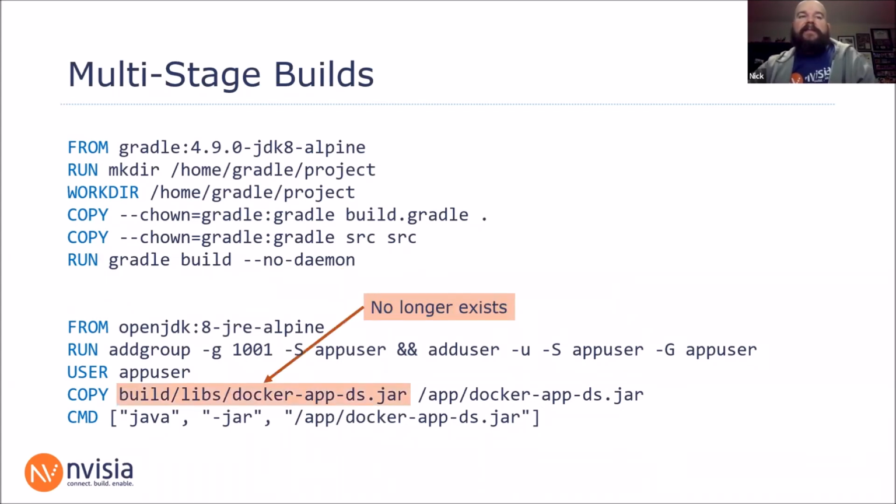The next thing is we have to pull files from the proper location. So if you look here, we're looking at going back to our local file system and pulling in that jar. That jar is probably not going to be there anymore because I'm not going to necessarily run a build separate from this. I actually want to pull the jar file from this image up top.